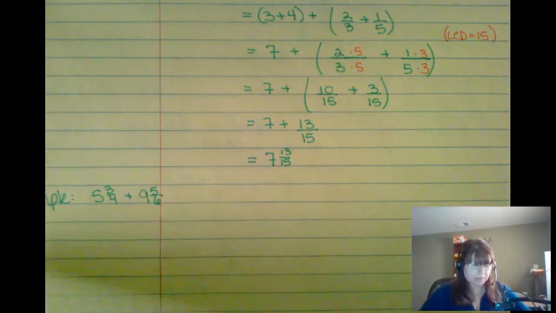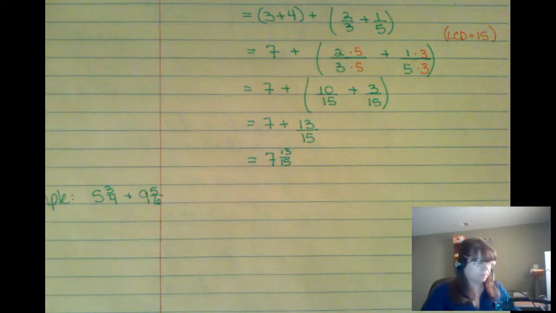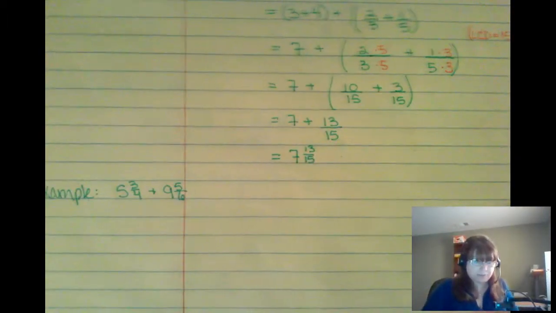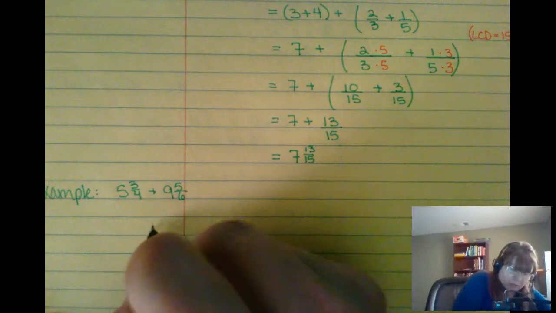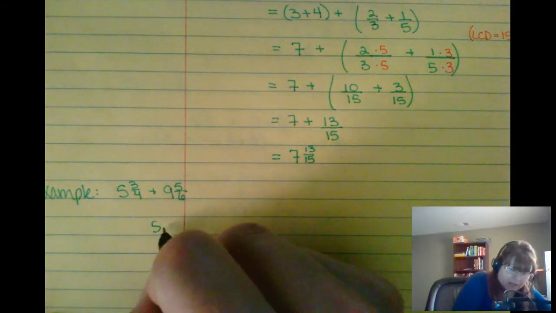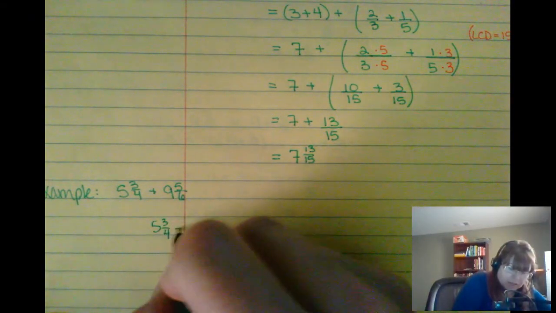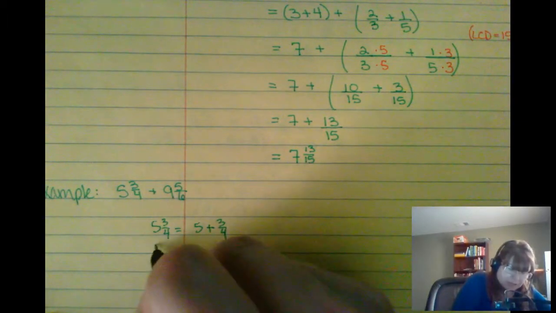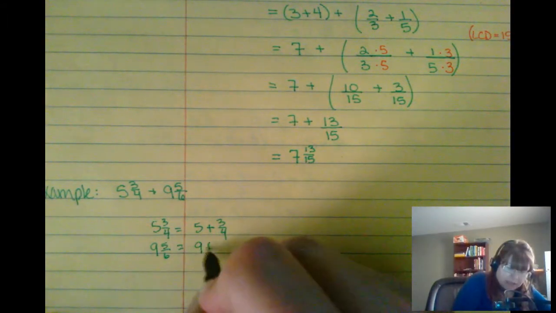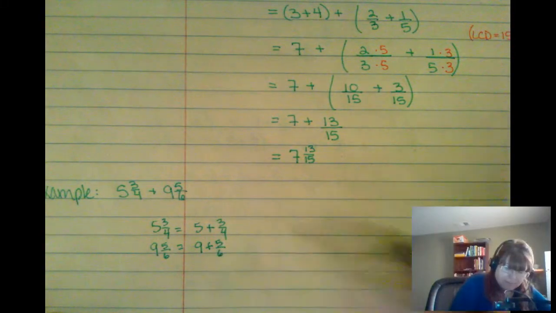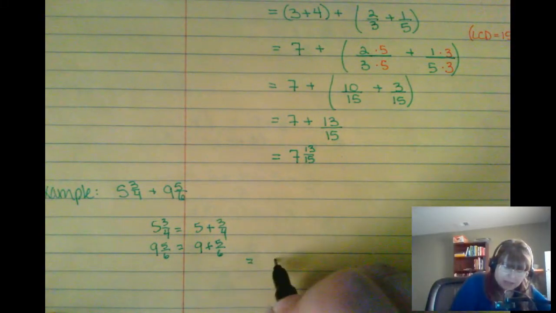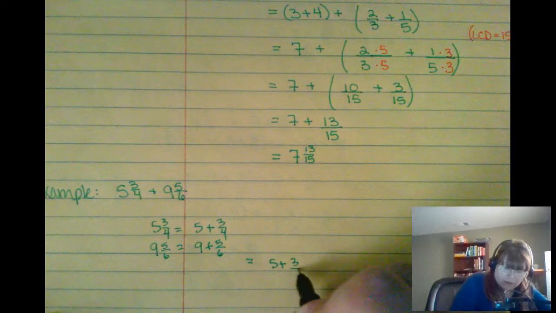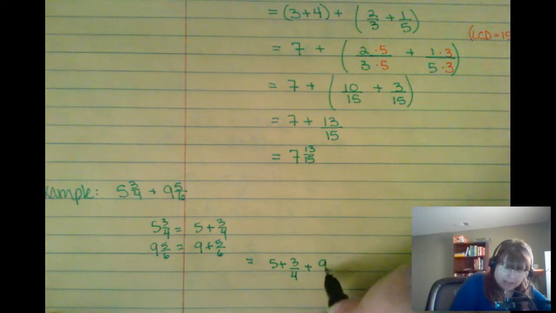Let's try another example, and I'll work it out with you this time. So the same procedure. I'm going to break the numbers apart. 5 and 3/4 equals 5 plus 3/4. 9 and 5/6 equals 9 plus 5/6. Now that gives me 5 plus 3/4 plus 9 plus 5/6.